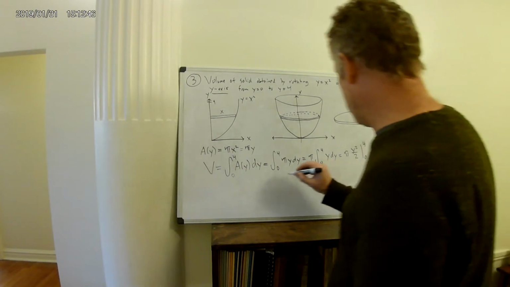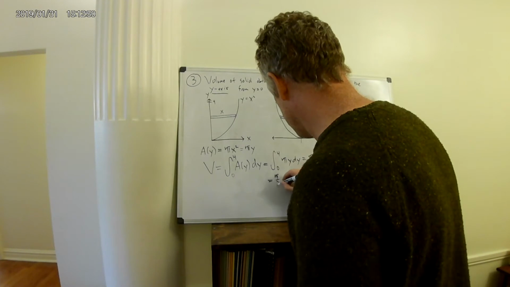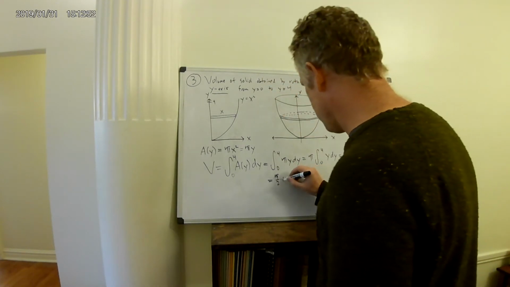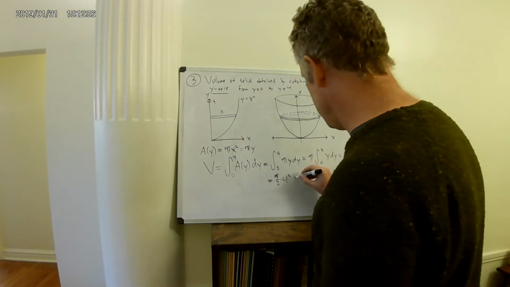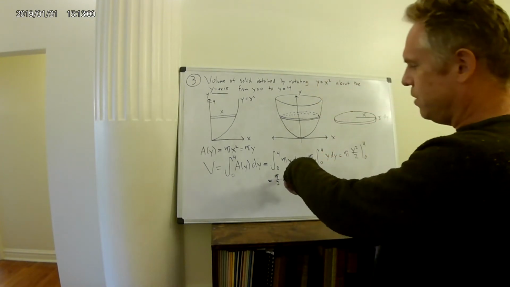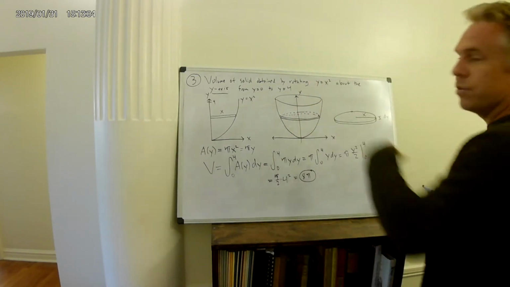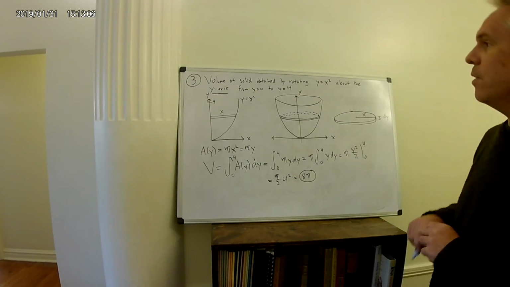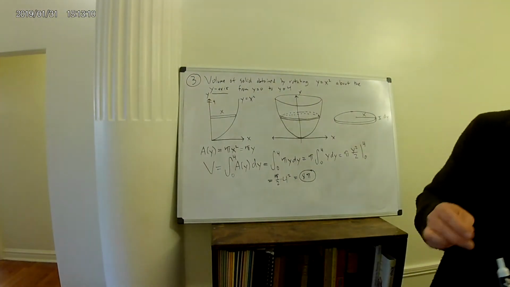Evaluated from 0 to 4. So now we're going to plug in here, we get pi over 2 times 4 squared. The 0 term goes away. 4 squared is 16, this equals 8 pi, right? That's 16 divided by 2 is 8. So the answer here is the volume of this solid is 8 pi. So the moral here is we can also rotate curves around the y-axis as well as the x-axis.